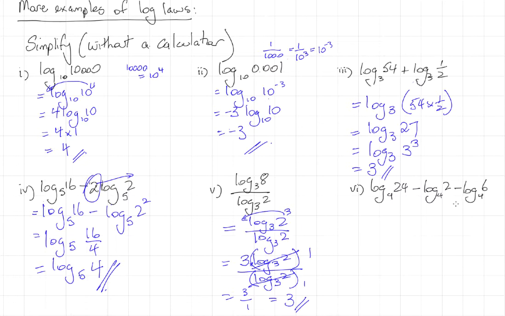Okay, next one here. We are subtracting. So we're subtracting logs, we are dividing the numbers, but which ones do we do first? Well, we go to our BIDMAS. There's no brackets, there's no indexes, there's no division, no multiplication.